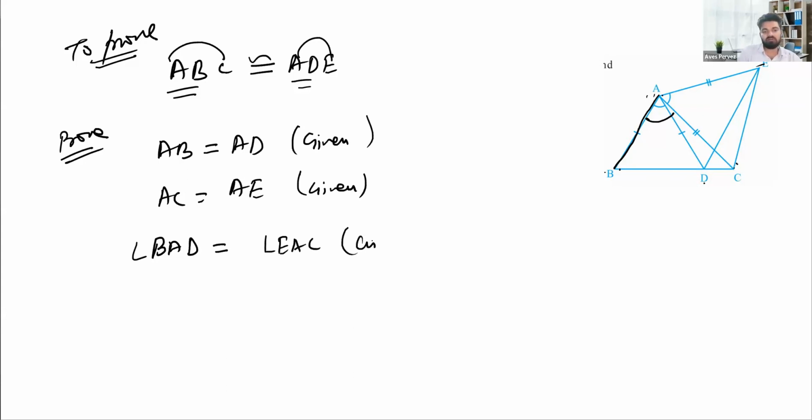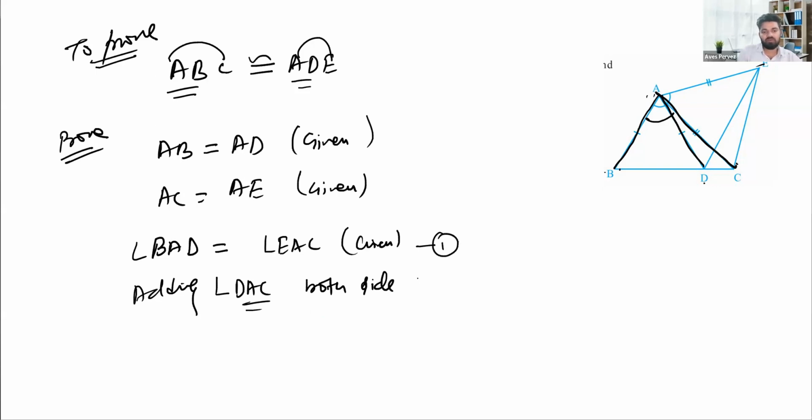Okay, it is given. So we will add angle DAC to both sides. This is equation 1, this is 2, and this is 3.